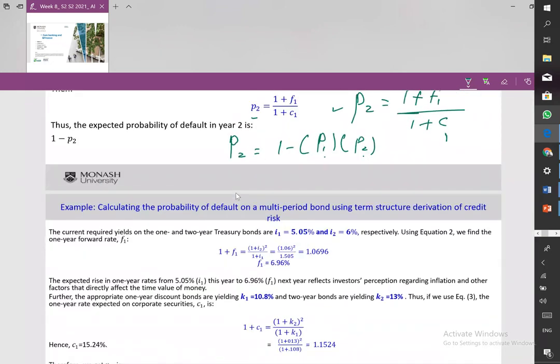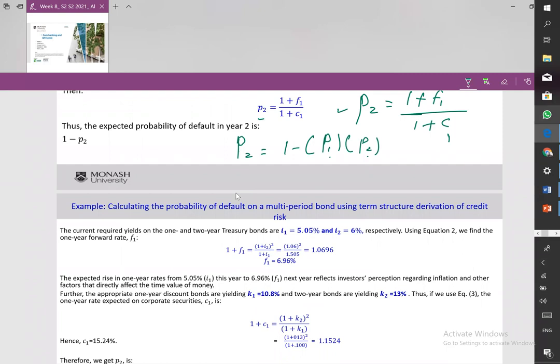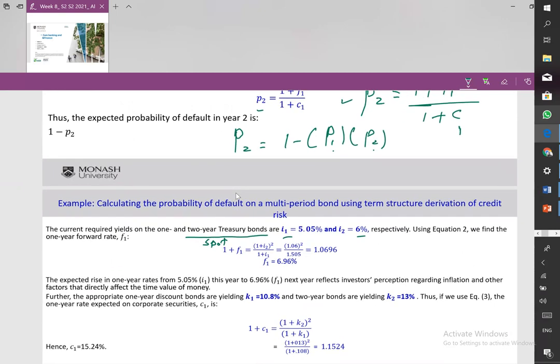So here, if you have the current required yield on 1 year and 2 years treasury bonds, this is the spot, 5.05% and 6%. If I know this is for the 2 years, then I can calculate the 2 years over the 1 year, and I can calculate the forward for 1 year.